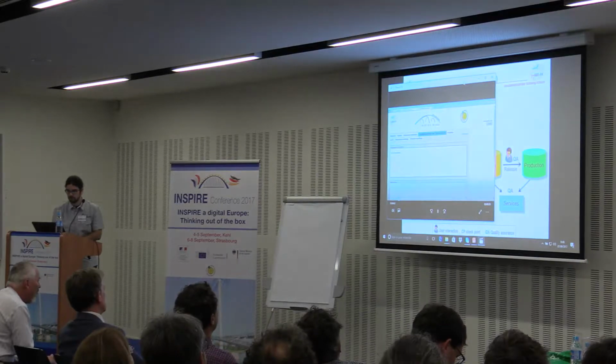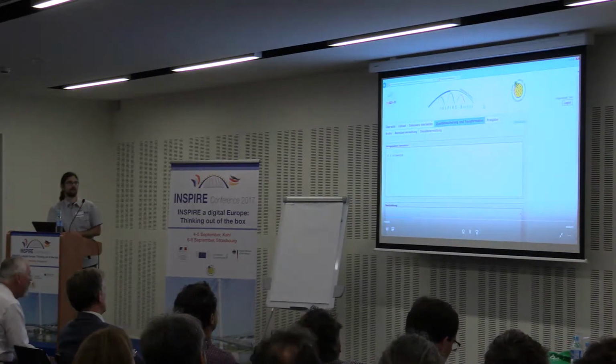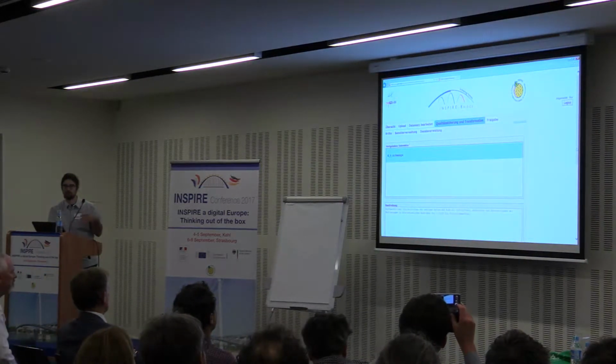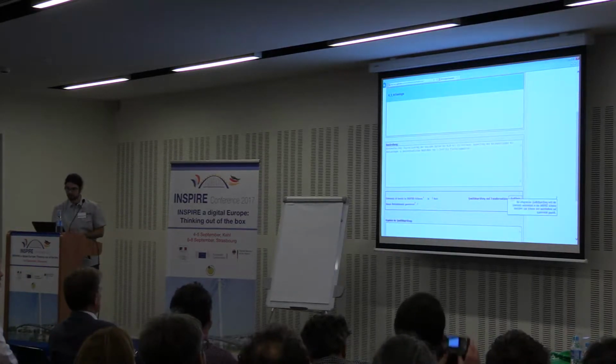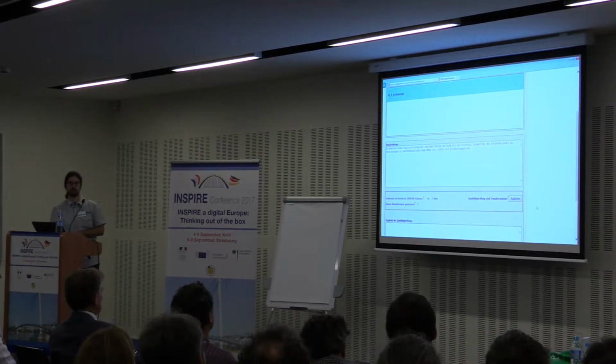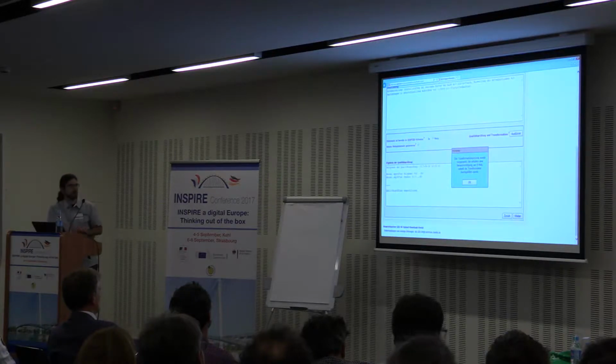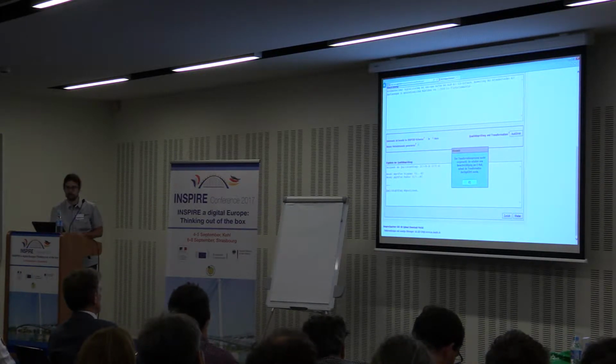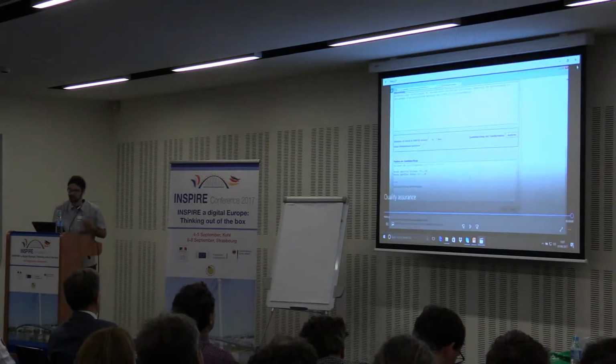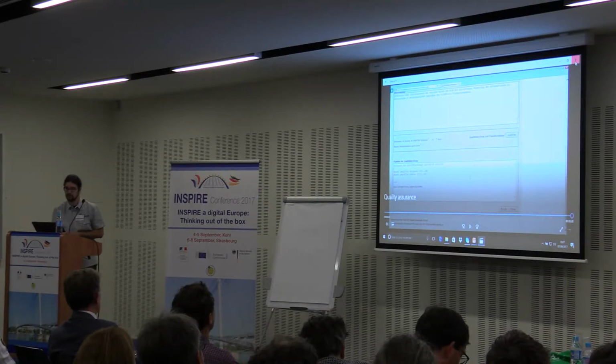First, the user selects the data set he wants to quality check and transform. By clicking on the execution button, the quality check will be executed, and after just a few seconds, the user receives a quality check report down at the bottom, and a transformation notification that the transformation has been started, has been scheduled.